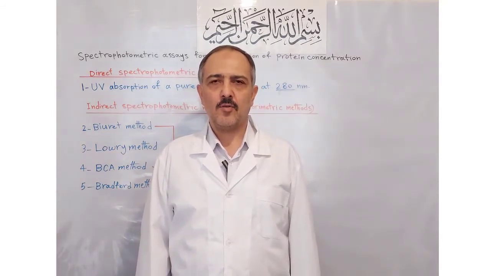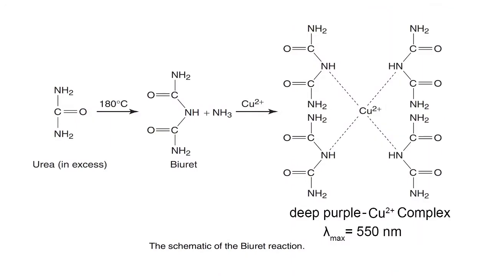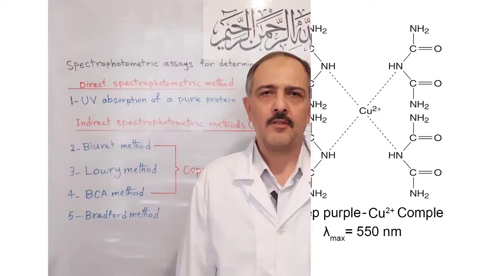Peptides containing 3 or more amino acid residues will form a deep purple-colored chelate complex with cupric ions in an alkaline medium containing sodium-potassium tartrate. A similar colored chelate complex forms with the organic compound biuret and the cupric ion. Several variations of this test have been developed so far, such as the BCA and the Lowry methods.